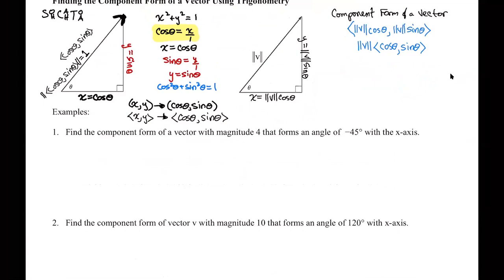The example is: find the component form of a vector with a magnitude of 4. You can use v for vector. That works, it's pretty standard. So the magnitude of v is 4, and it forms an angle of negative 45 degrees with the x-axis. I like to draw a quick little sketch. I like to know where my vectors are living. Doesn't have to be a work of art.